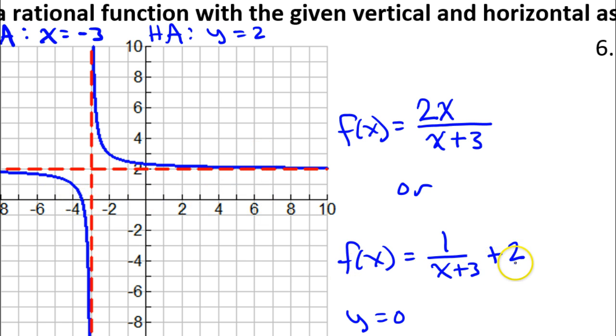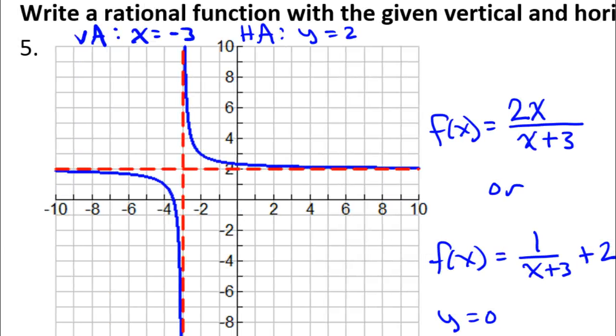So this would also have the same properties. Both of these functions would have a vertical asymptote at -3 because of this, and both of these would have a horizontal asymptote at 2. So either one of these answers could be correct. So that was number 5.